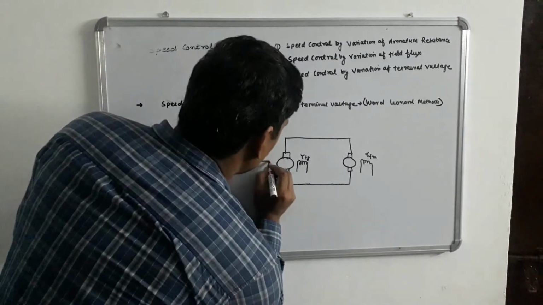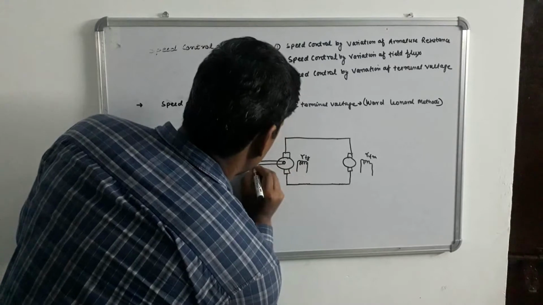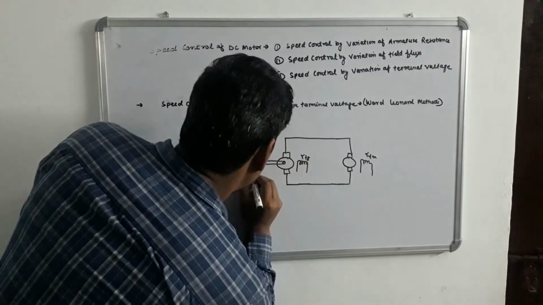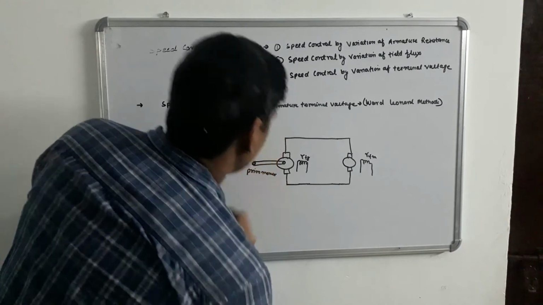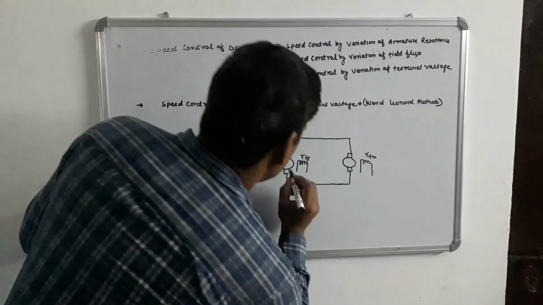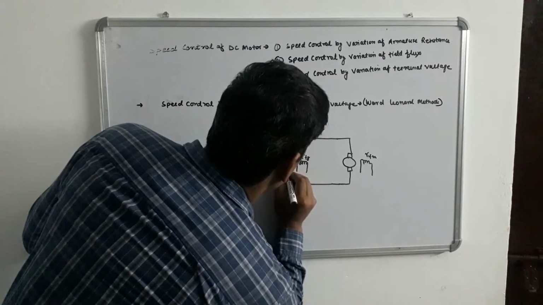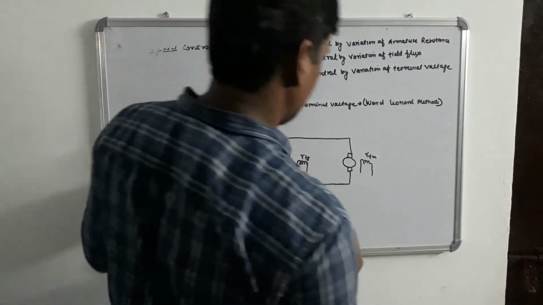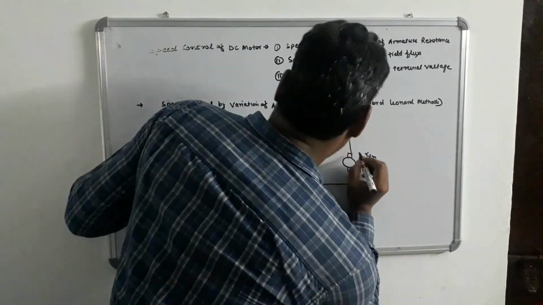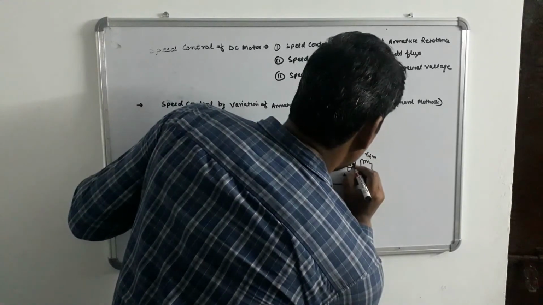Here the prime mover is connected to the generator. This is the prime mover. This is the generated EMF Ea. This is positive, this is negative. Similarly for the motor, this is negative, this is positive, generated EMF Ea.